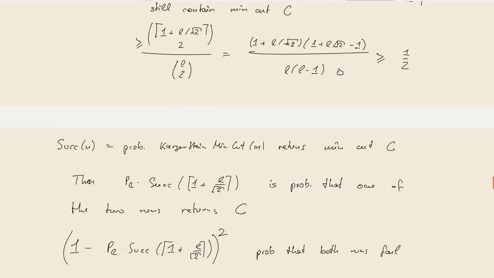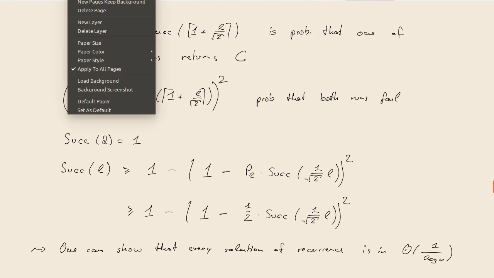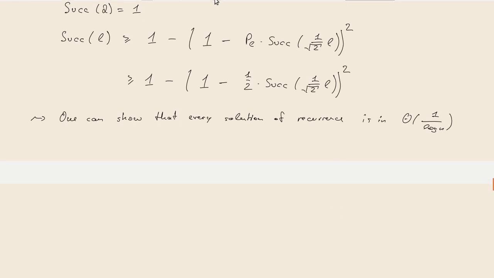So without repetition, a single run of this Karger-Stein algorithm is actually not helpful. But this is only 1 over log n and not 1 over n squared as we had before in the original Karger algorithm. So that proves the theorem.